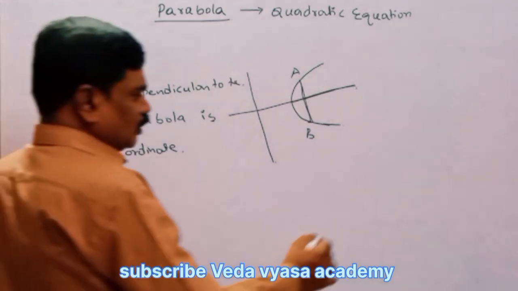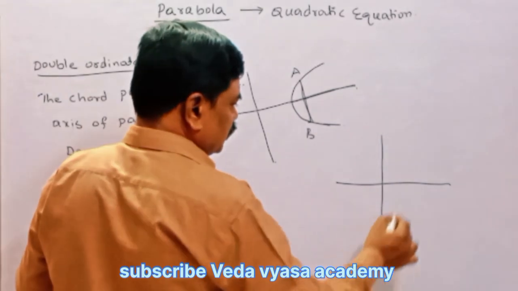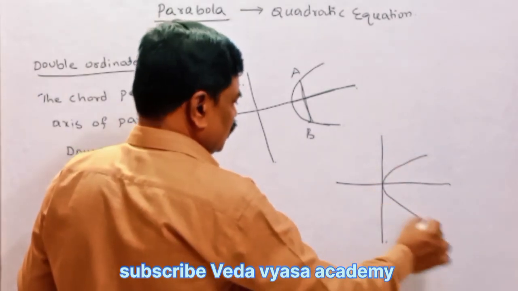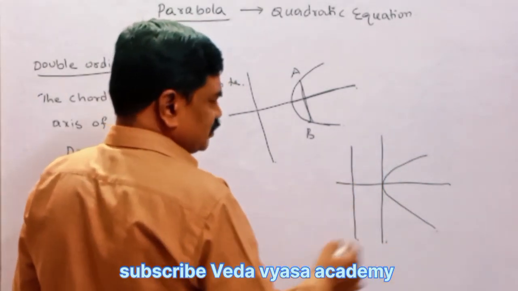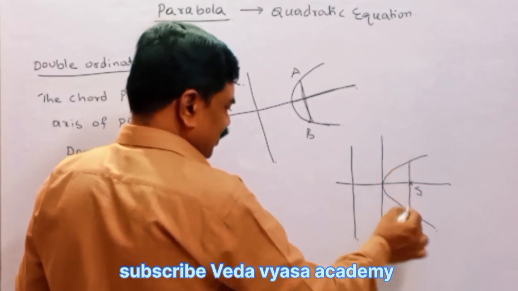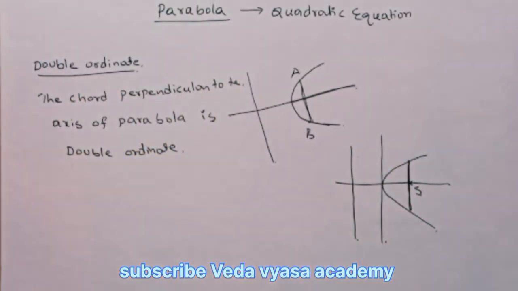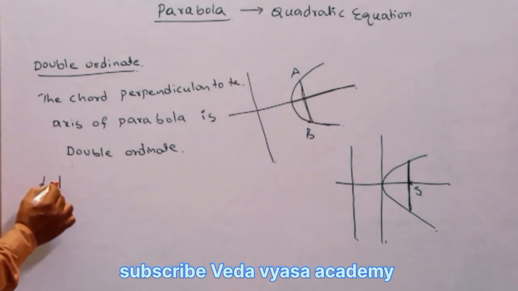And one more. This is the parabola, this is the directrix, this is the focus. And this double ordinate passing through the focus is the latus rectum.